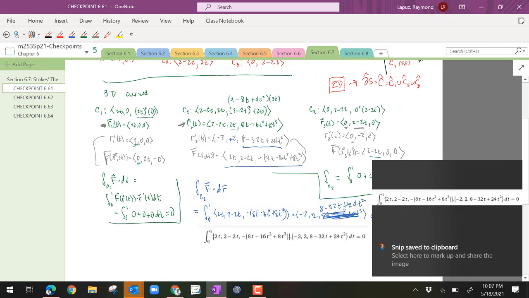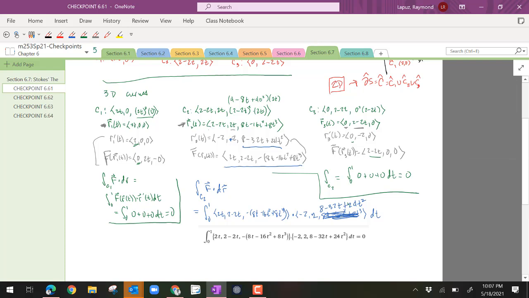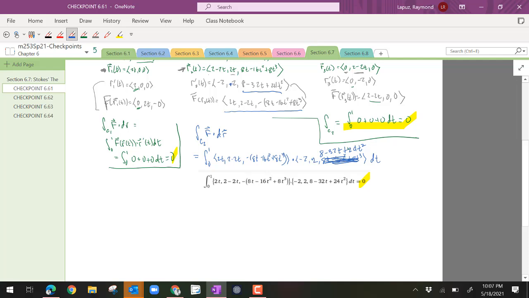So we have a 0 contribution from the first curve, a 0 contribution from the third curve, and now we see a 0 contribution for the second curve as well. So it looks like all in all, your line integral over the boundary of your surface of f dotted with dr is equal to 0 for the first, 0 for the second, 0 for the third.